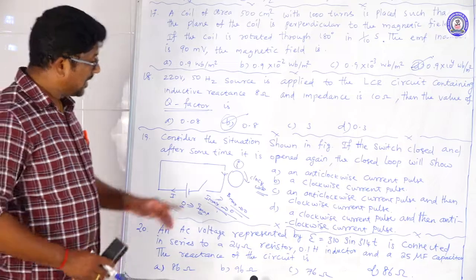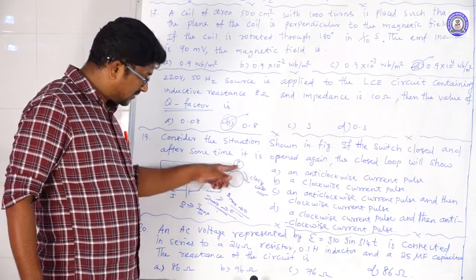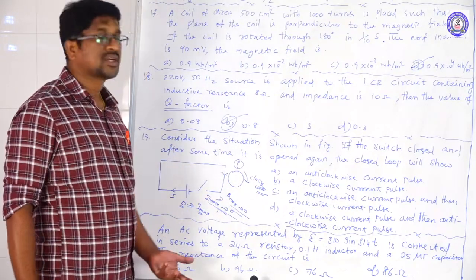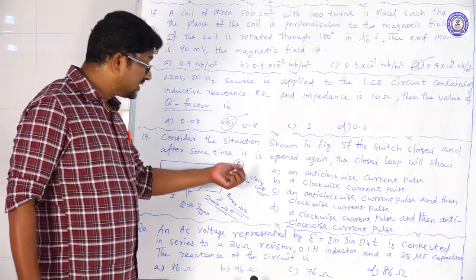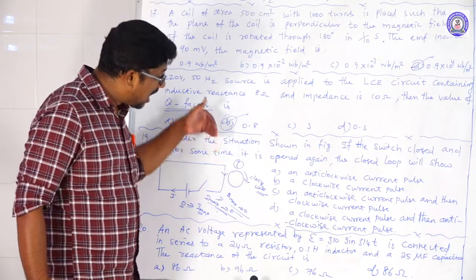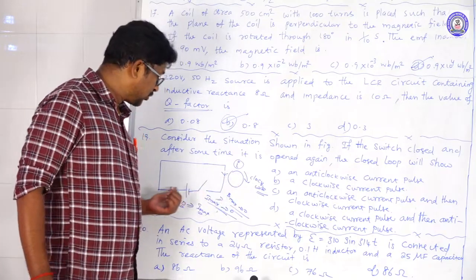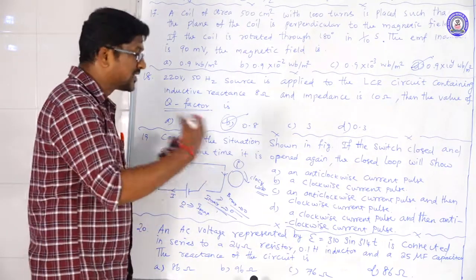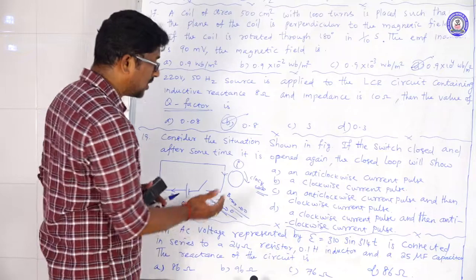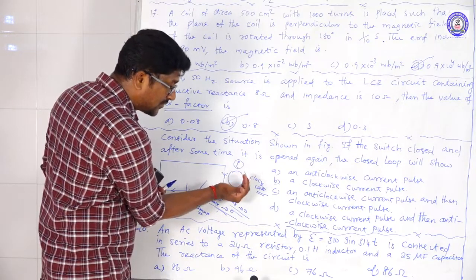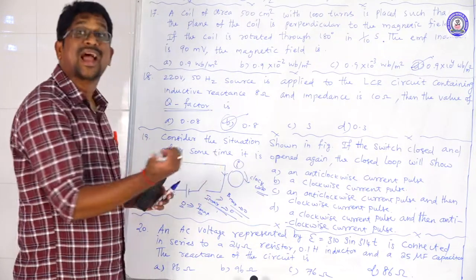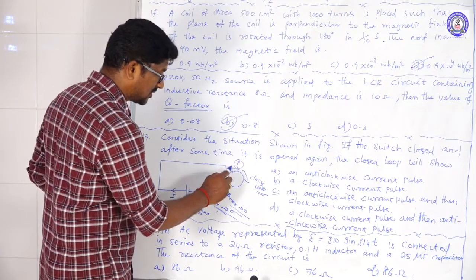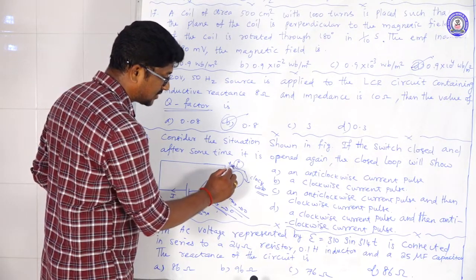Again, there is a change in magnetic flux linked with the loop, so again induced current is produced in the loop. Now, this induced current must act along the direction of the magnetic field produced by the current. So, by once again applying the right hand thumb rule, the direction of induced current should be anti-clockwise. In the second case, anti-clockwise direction.